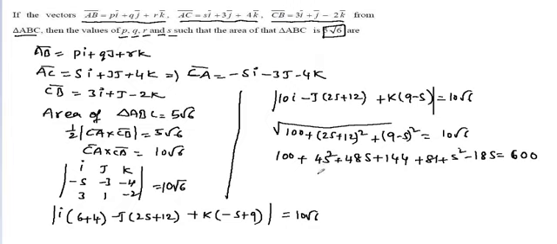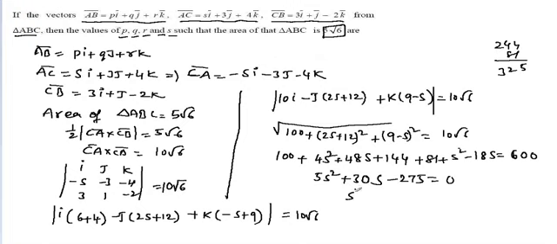Now 4s square plus s square, that is 5s square, 48s minus 18s is 30s. So 100 plus 144, 244, 244 plus 81, that is 325. 600 minus 325, that is minus 275 is equal to 0.